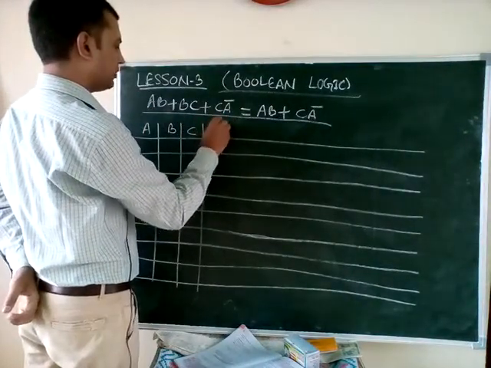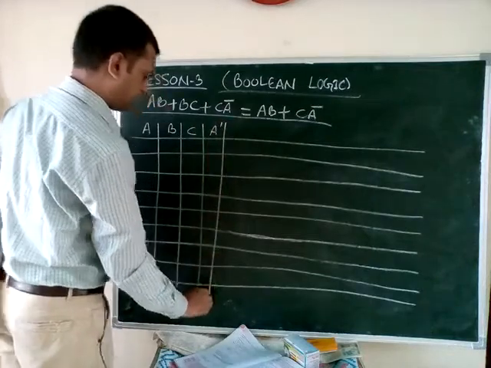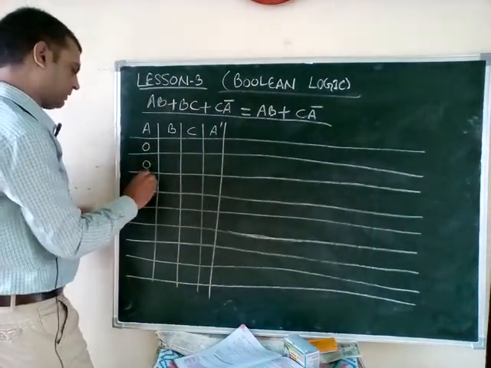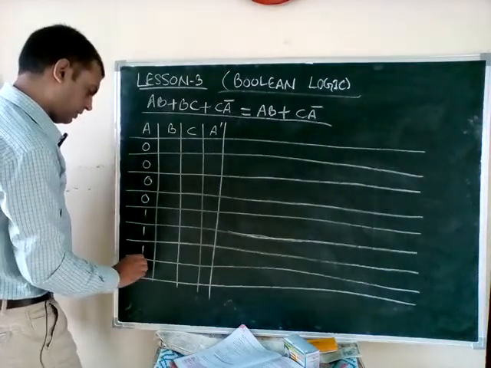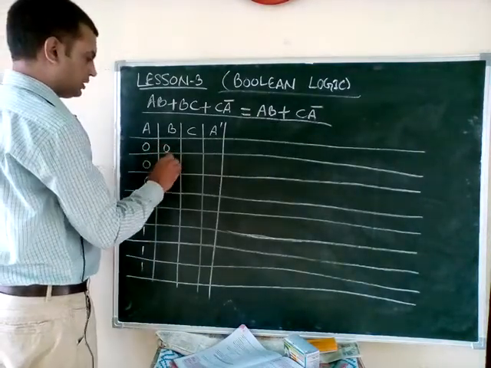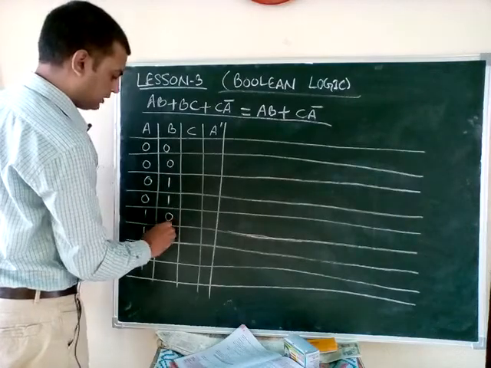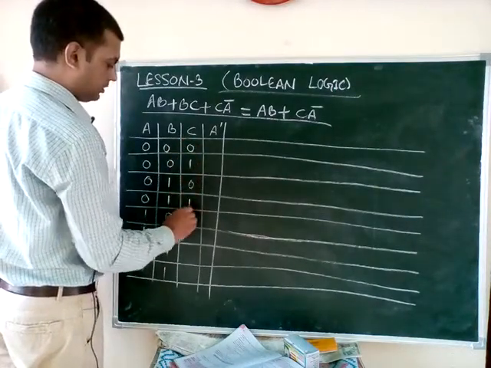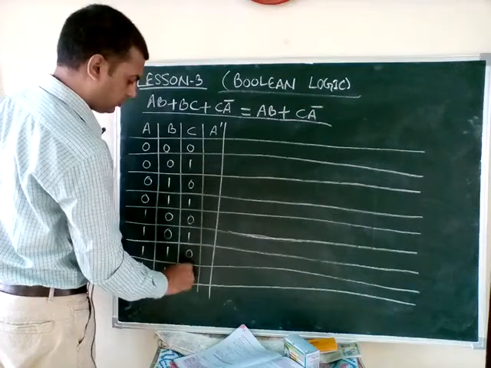First is AB, and A bar also we want. So first I am calculating A bar here. So 0 0 0 0 and 1 1 1 1, 0 0 1 1, 0 0 1 1, 0 1 0 1 0 1.